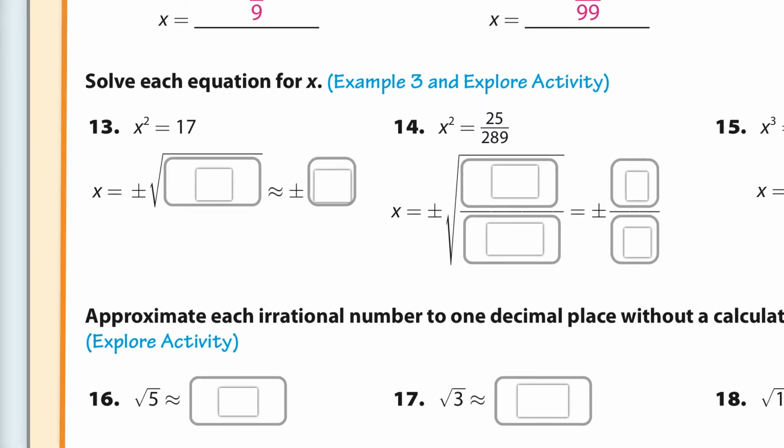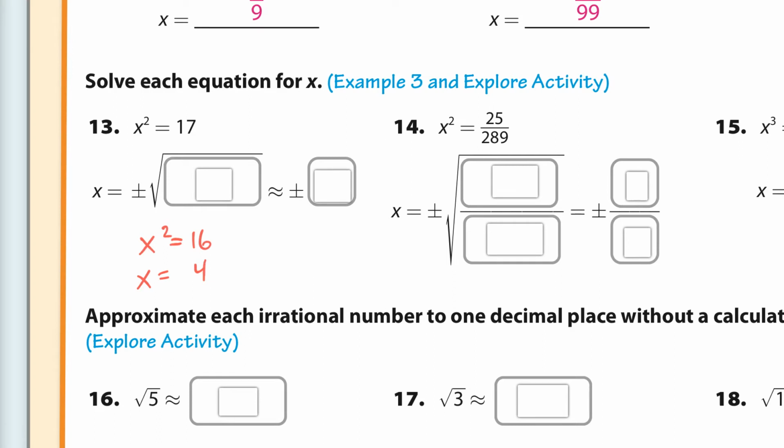Now, this right here, we have x squared is 17, so x is equal to plus or minus the square root of 17. Let me take a step back here. If a similar problem, if x squared is equal to, let's say, 16, then x is equal to 4, right?